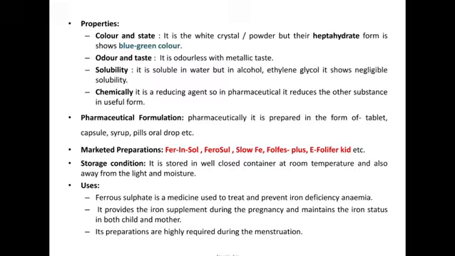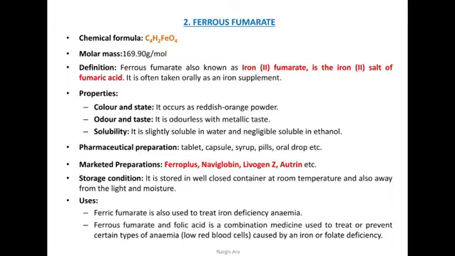What are the uses? Ferrous sulfate is a medicine used to treat and prevent iron deficiency anemia. It provides the iron supplement during pregnancy and maintains the iron status in both child and mother. Its preparations are highly required during menstruation.